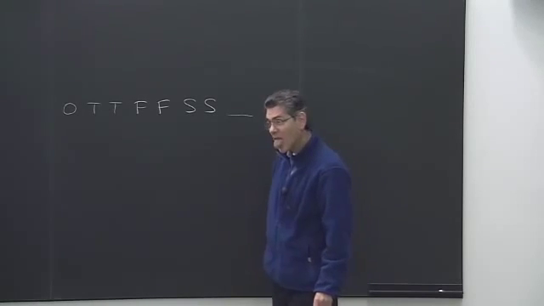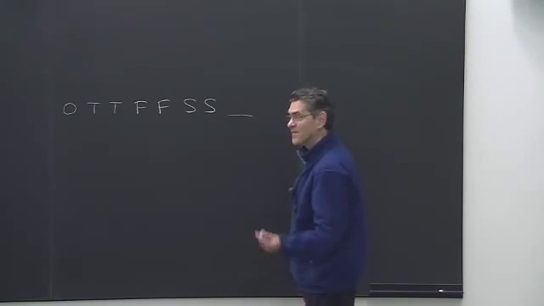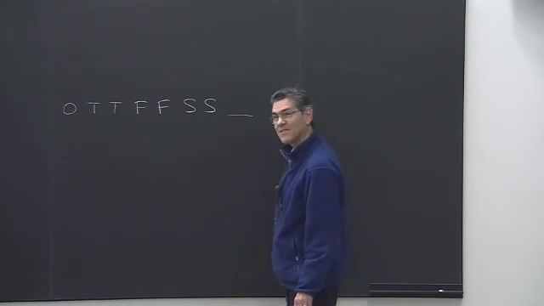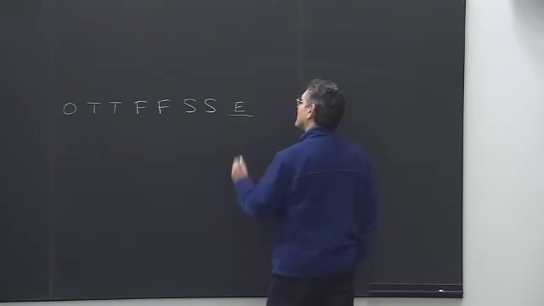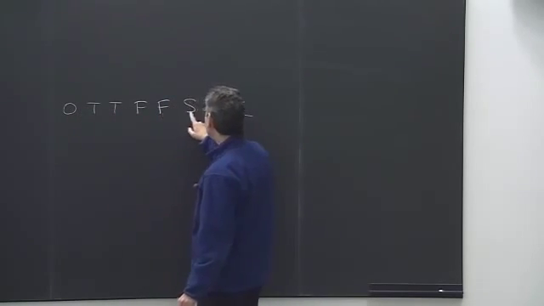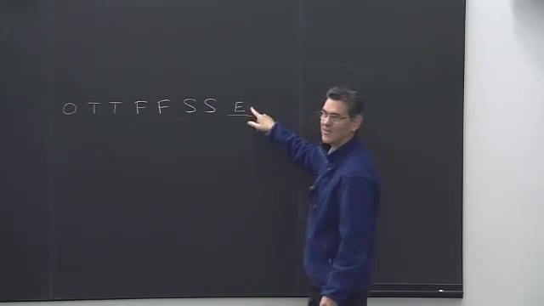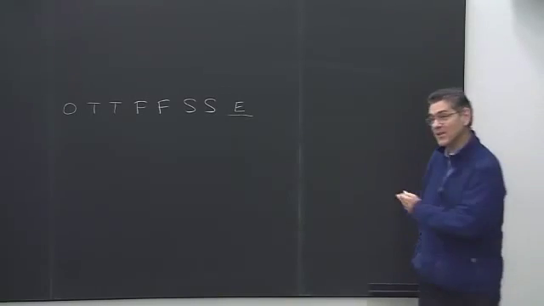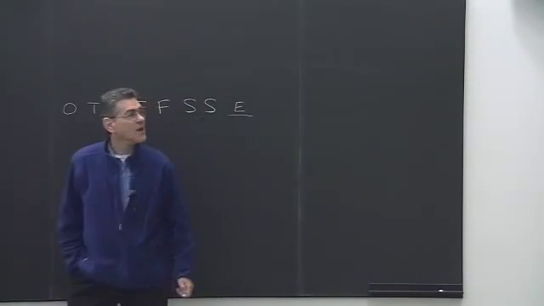No? I would think it is obvious, right? It's E: 1, 2, 3, 4, 5, 6, 7, 8. You have to know how to spell, of course, to do that.